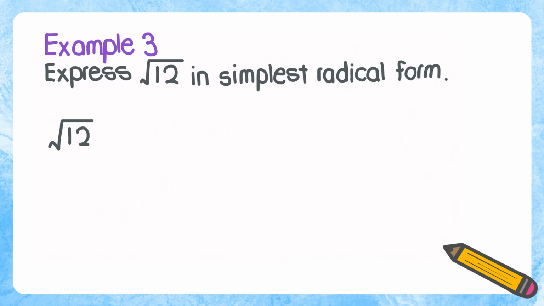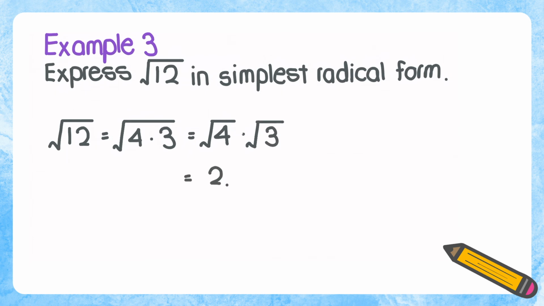So let's write this out. We can break it down into the square root of 4 times 3. Let's split it up. The square root of 4 times the square root of 3. And the square root of 4 is 2. So we just have 2 times the square root of 3. This is the simplified form of the square root of 12.